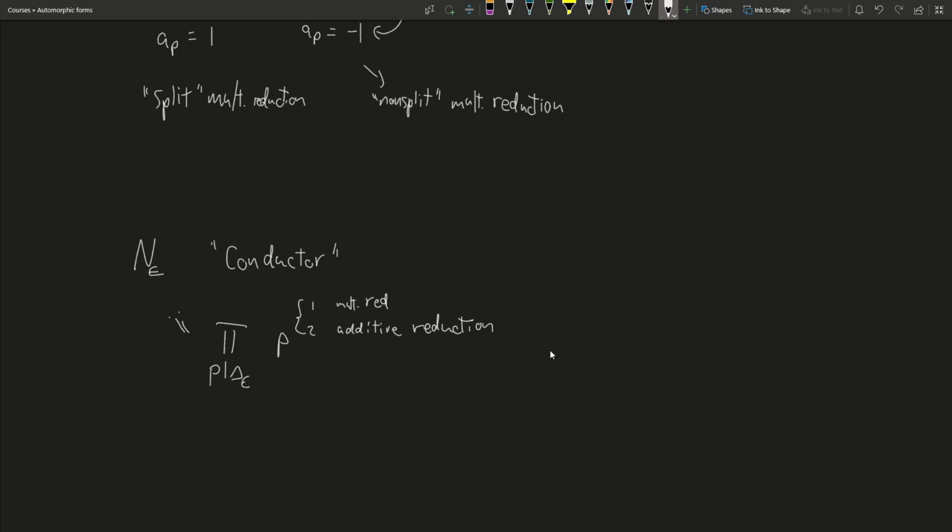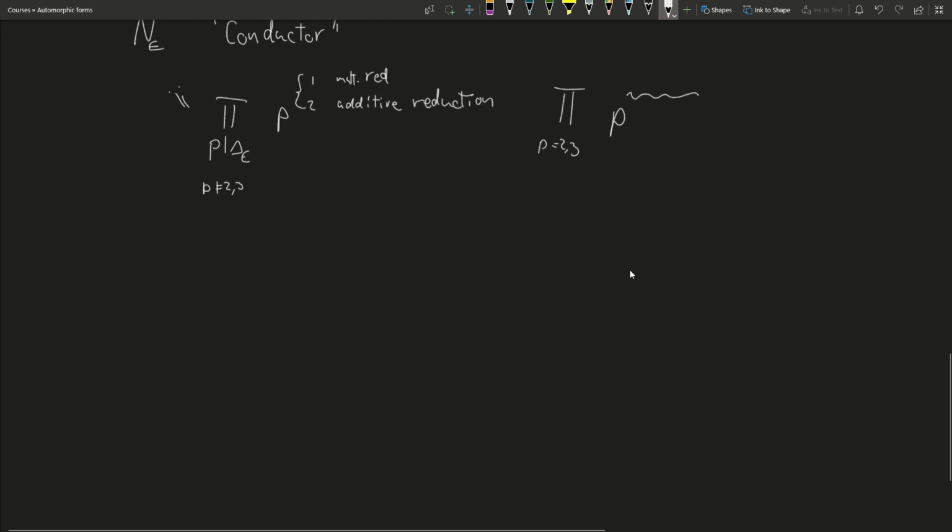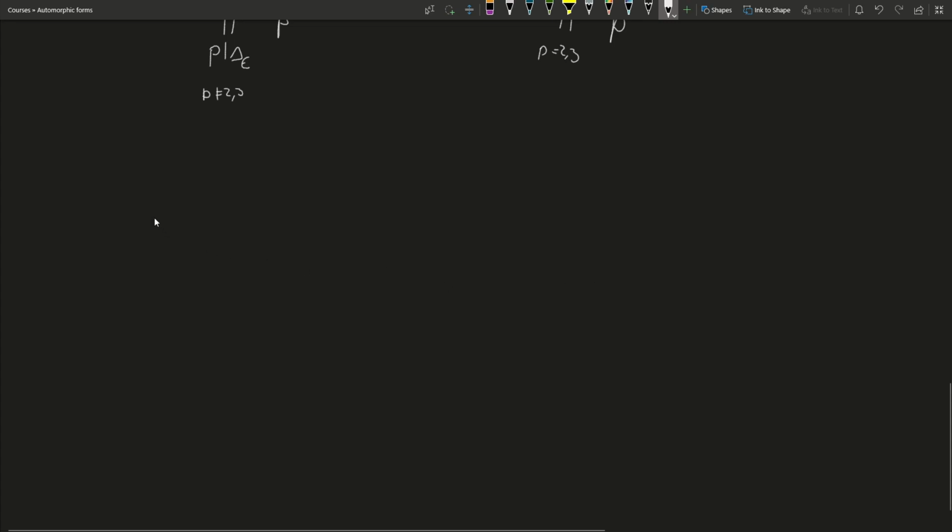Okay, this is for p not equal to 2 or 3, and for 2 and 3, you have p to the, and then some mess. These exponents are bounded, but they can get up to, I think, 8 and 12 or something. I'm not sure. 2 and 3 are kind of annoying. Most people just assume that p is not 2 or 3 for all applications, and we're going to do the same.